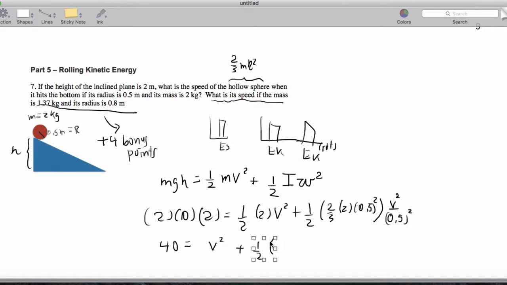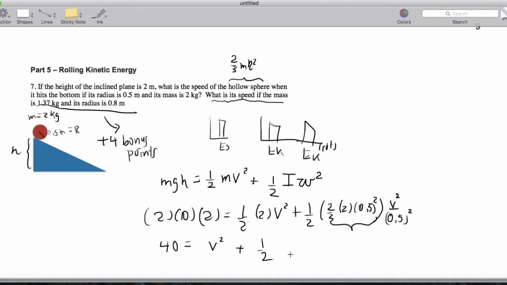Right here, I'm going to just write 1/2 here, and then I'm going to go ahead and figure out what's in this parentheses. And when I do that, that's going to be 2 divided by 3 times 2 times 0.5 squared.